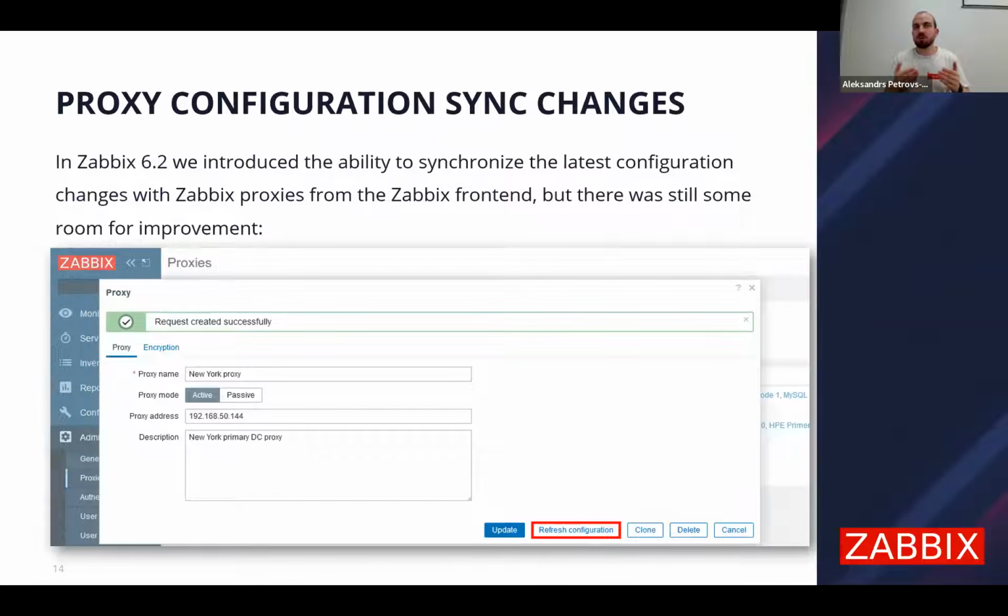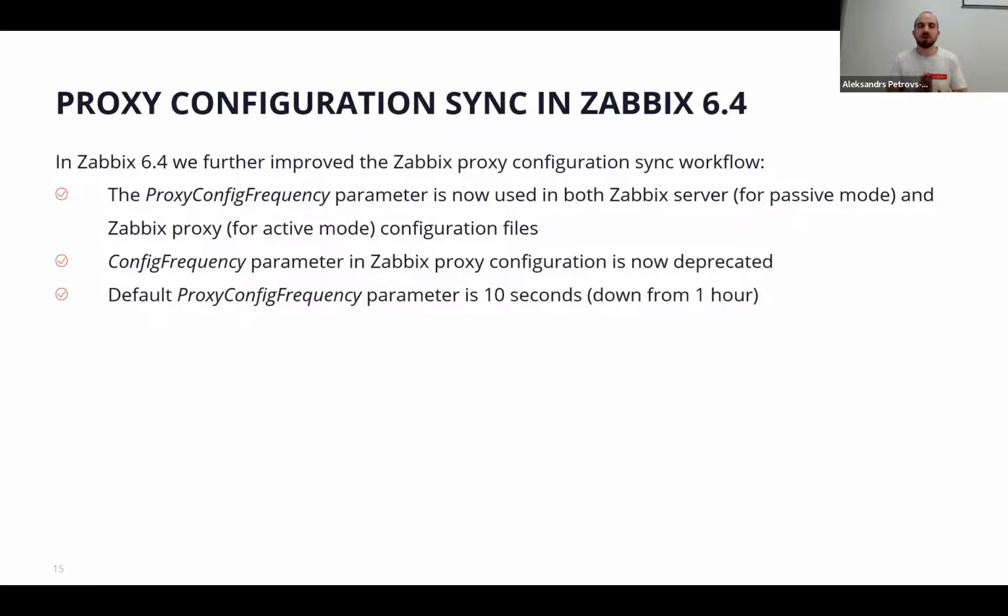And one of the most important parts of it was that not only for the active proxies, but for the passive proxies as well. So this definitely helped. This improved things a lot. But we did understand that more needed to be done and want to make, again, the configuration updates faster. And we did exactly that in 6.4.